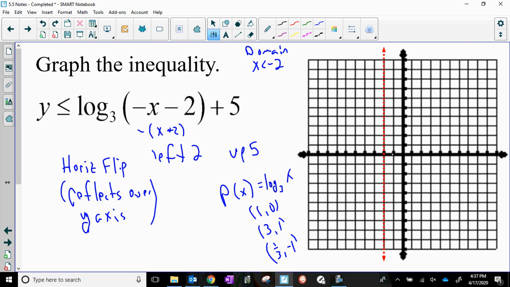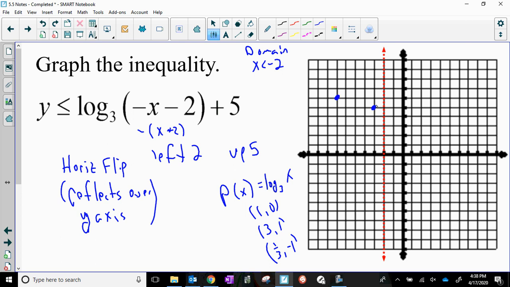I'm going to horizontally flip it. Then I'm going to go left 2, and then I'm going to go up 5. Okay. Now, I can do that with the other ordered pairs. I can take the 3, 1, and flip it, and then go left 2, and then up 5.